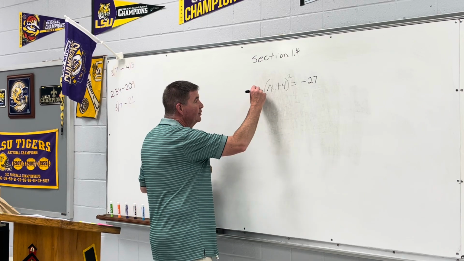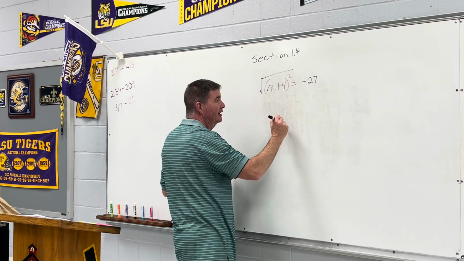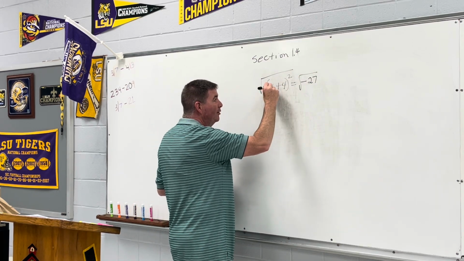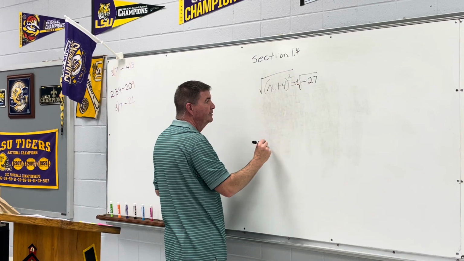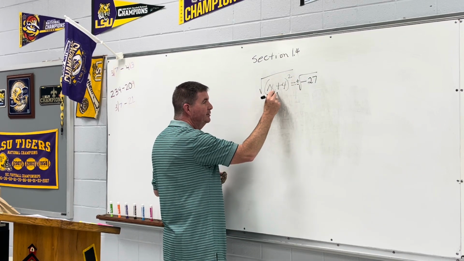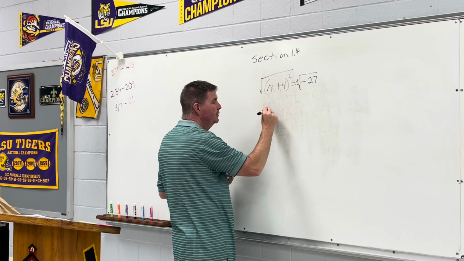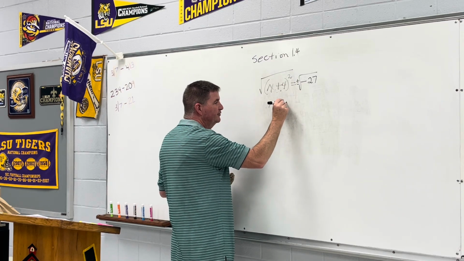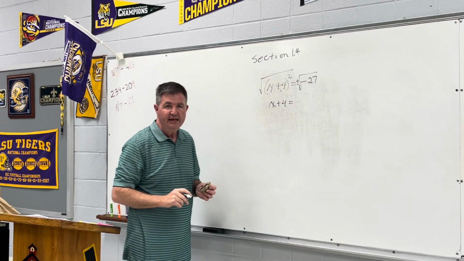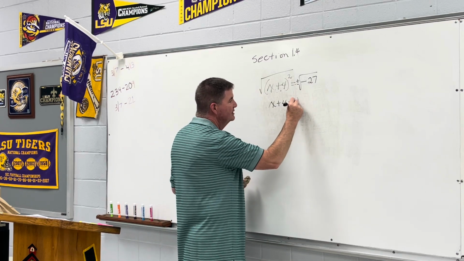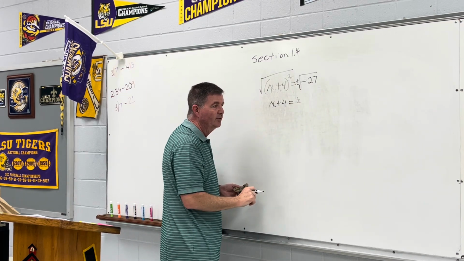I can take the square root of this whole thing and take the whole thing out of the square root. So therefore, the square root of x plus 4 squared is just x plus 4. And that is equal to plus and minus the square root of negative 27.